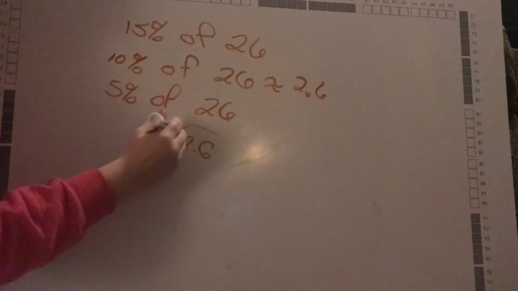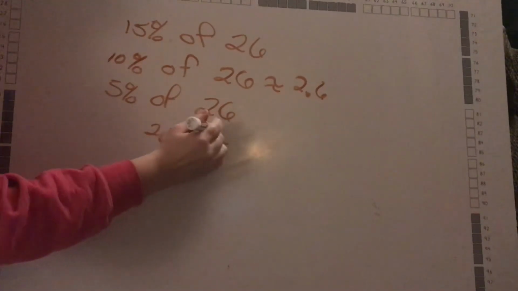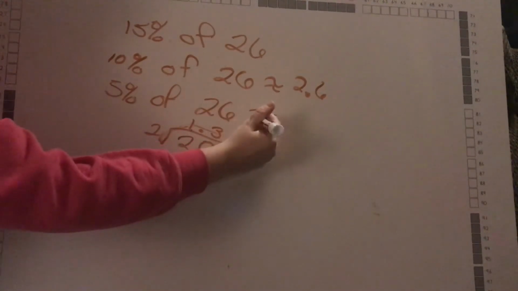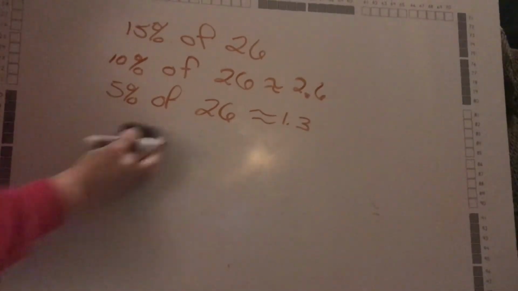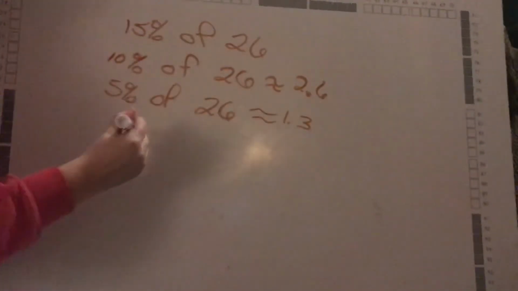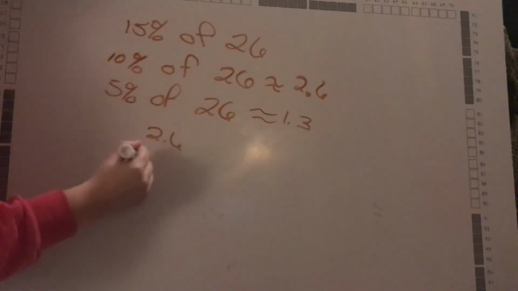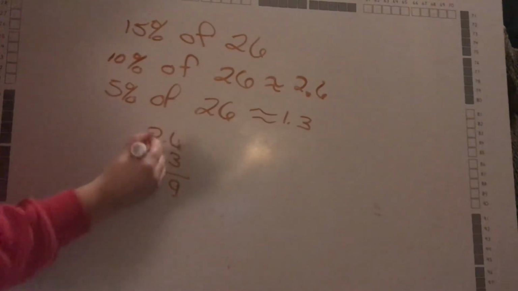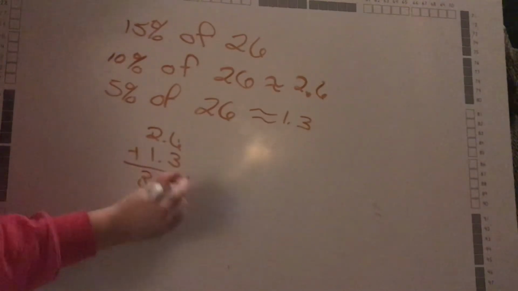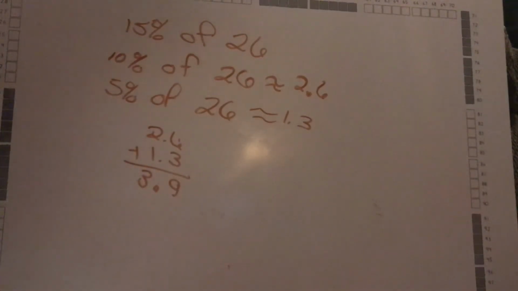That's a really crooked line. That's going to be about 1.3. So then what you would do is you would just add those together. So 3.9, probably be best to just tip $4.